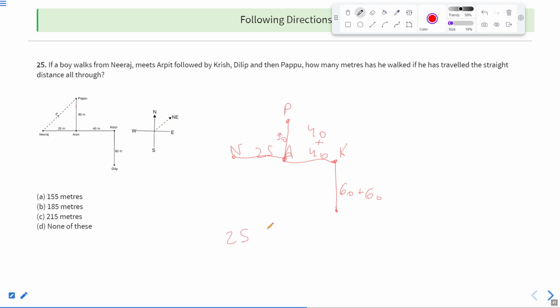So he travels NA 25 plus AK 40 plus KD 60 plus KD again 60 plus KA 40 plus AP 90.